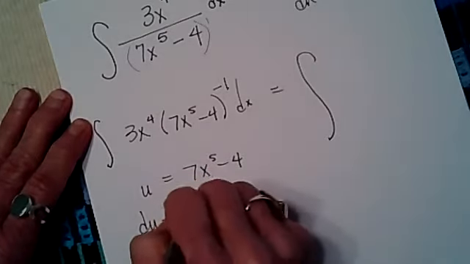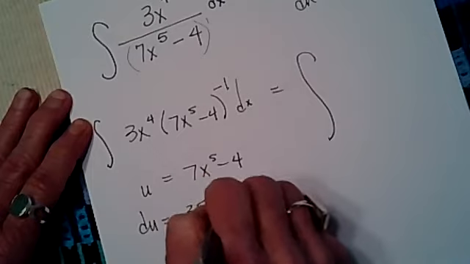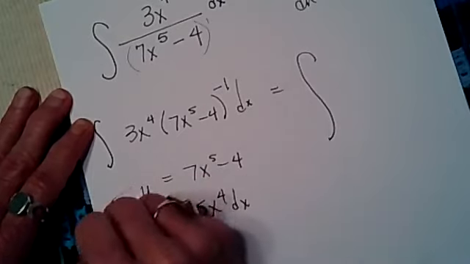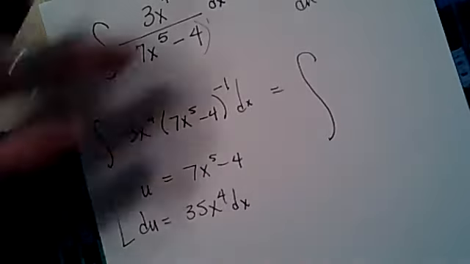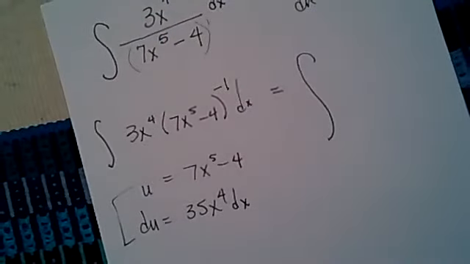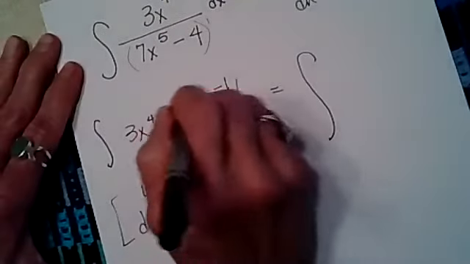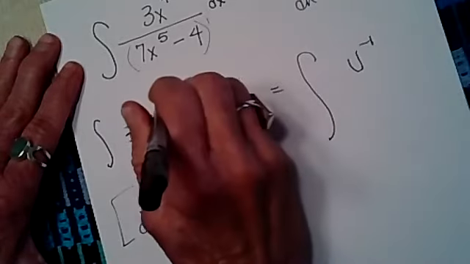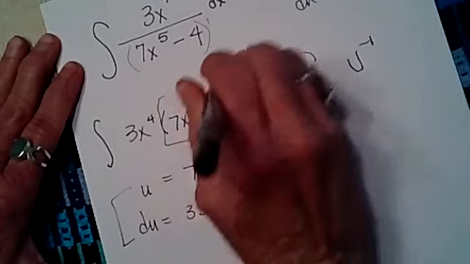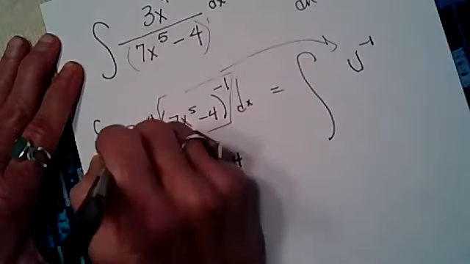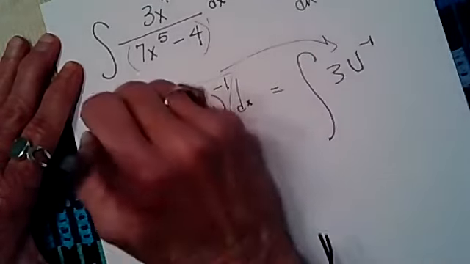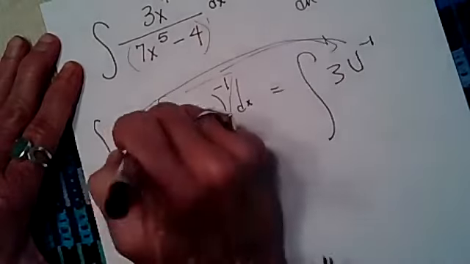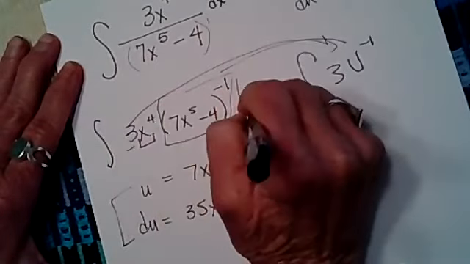It's 35x to the 4th dx. So these are the two things I'm going to use to rewrite my integral in terms of u. I usually just go ahead and move the u over. So that's gone. And I'm going to bring my 3 over. And what's left over? x to the 4th dx.